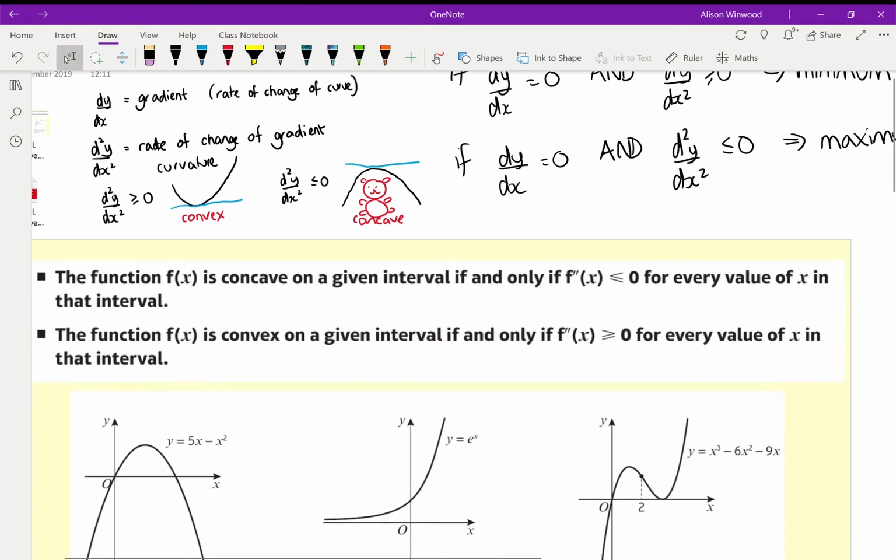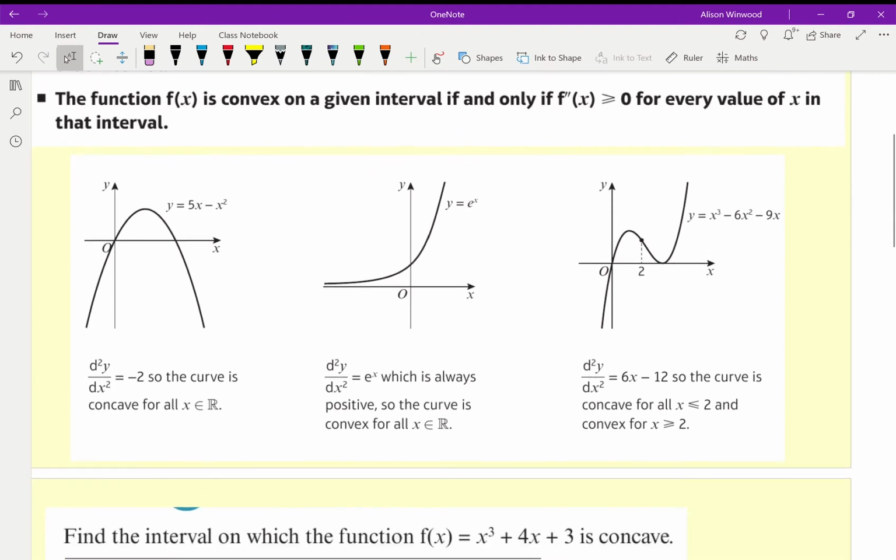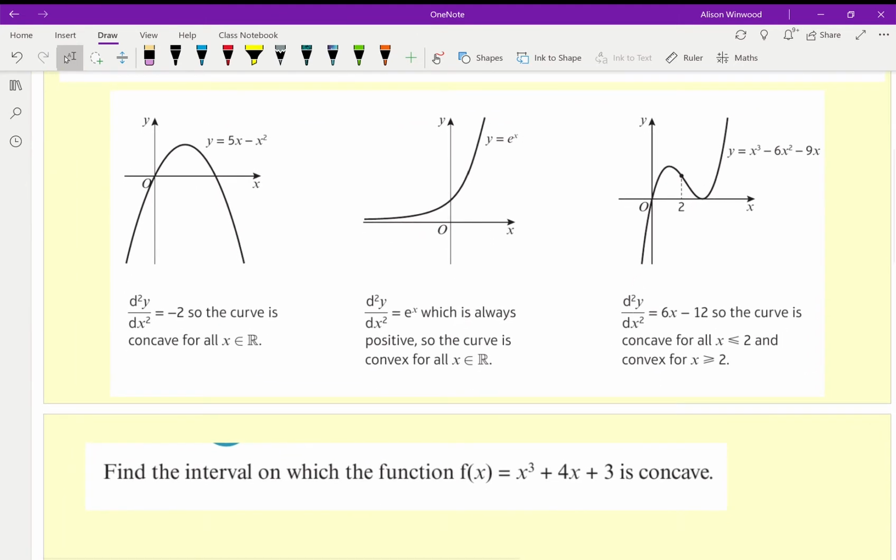So we can see with some of these examples here that for this quadratic, it's concave just by looking at the shape of the curve, or if we differentiate, we get 5 minus 2x, and if we differentiate a second time, we get a constant value of -2.